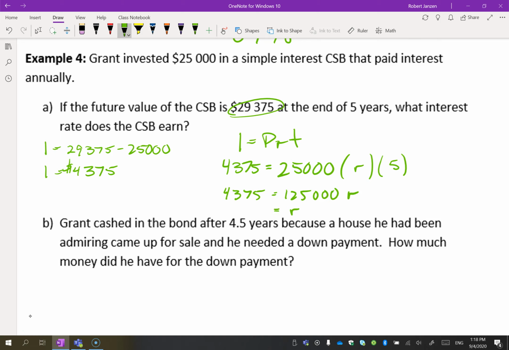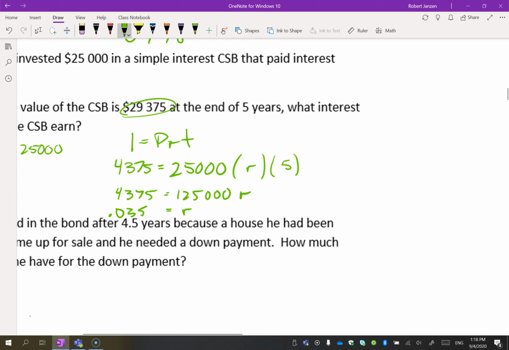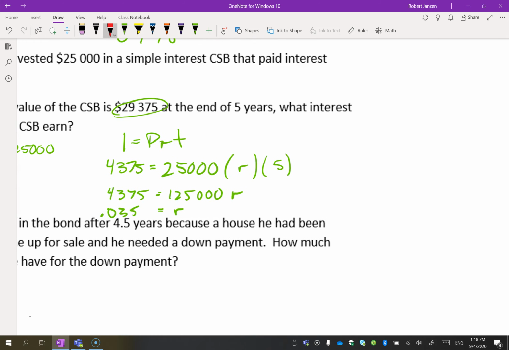So 4,375 divided by 125,000. And the rate is .035. Okay, now it says what interest rate is that? How do we change 0.035 to interest? Well, we just multiply by 100. So this is 3.5%.